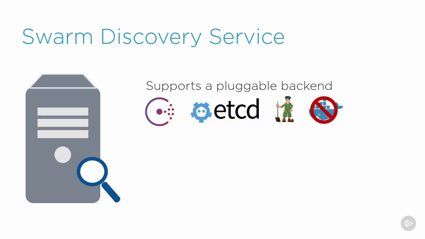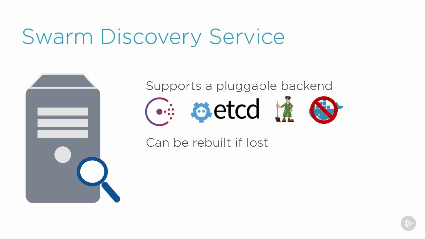Anyway, losing the discovery service isn't necessarily as bad as you might think. If your backend KV store dies a brutal death and it can't be revived, the cluster config can be recreated. Just bring up a new KV backend and let the Swarm agents and the Swarm manager node repopulate the data. At least that's how it works at the time of recording. But you should probably know this.